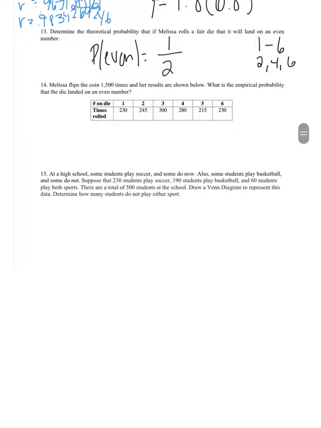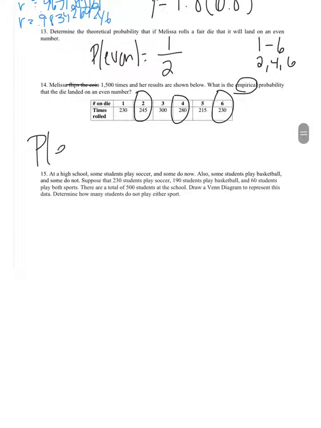Okay, the second one. So I changed this on your paper to Melissa rolls a die 1,500 times, and her results are shown below. So this is an experiment. So this is either, you can call it empirical probability or experimental probability. I told you in class that it means the same thing. That the die will land on an even number. So even was here, here, and here.